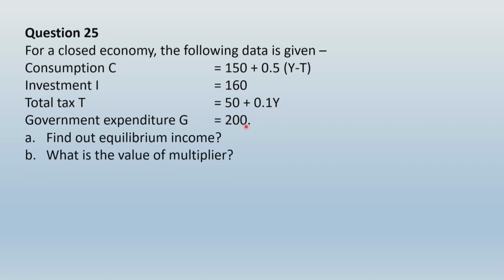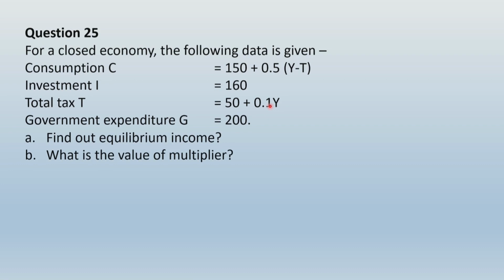Now first of all, look at one thing. The tax function over here is given as a constant amount, that is constant autonomous tax, and then a portion of tax is dependent on the income as well. So this is a different scenario under the three sector economy, and over here, if this is the tax function, your equilibrium income, that is y, will always be equal to C plus I plus G, that you know, right?